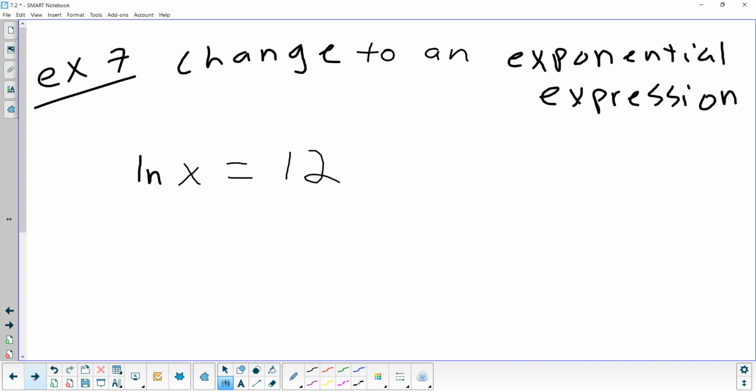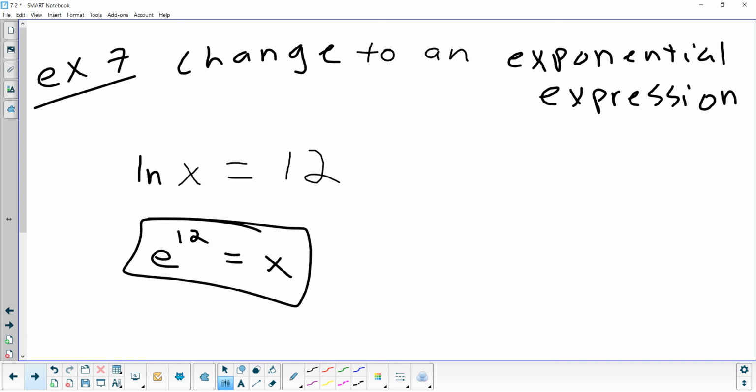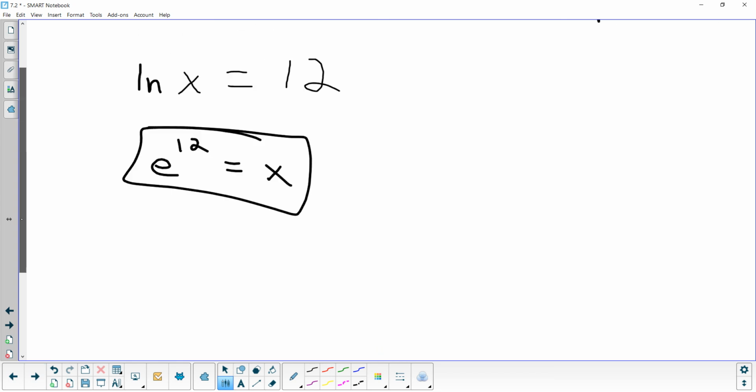I need a base, I need an exponent, and then I need something on the other side. Yep, Jane? e and then the exponent of 12 equals x. And the most tricky thing again is you have to remember the base is hidden, but it is an e. Questions on that one?